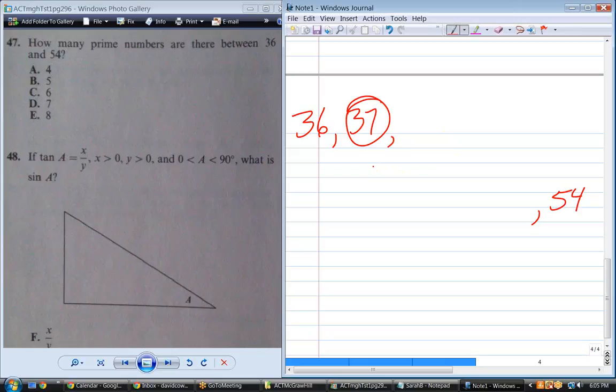39? No. Isn't the rule that if you add the digits together and they're divisible by 3, it's divisible by 3? Yes, that's very good to remember. 3 plus 9 is 12. 12 is divisible by 3. 39 is divisible by 3.